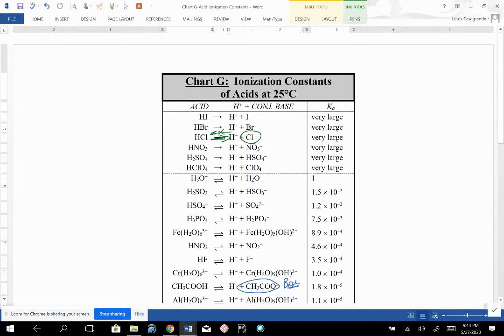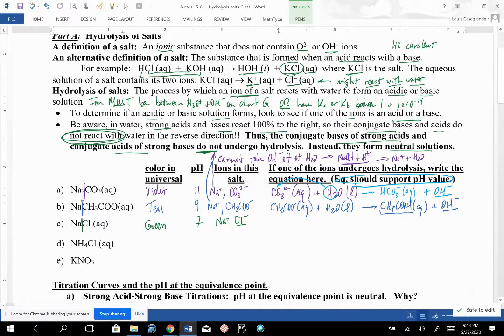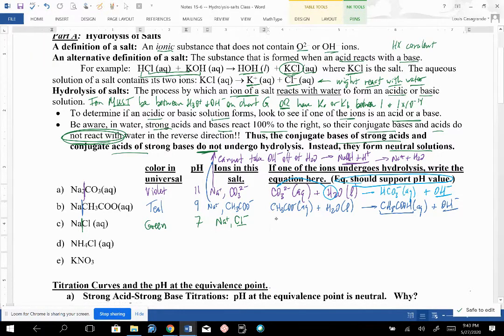So because the Ka of HCl is very large, the chloride itself does not hydrolyze. It's also a neutral ion, and so you would write none. And we can just write in here, just to be sure, both ions are neutral.